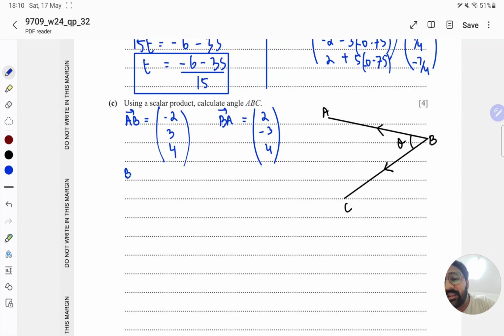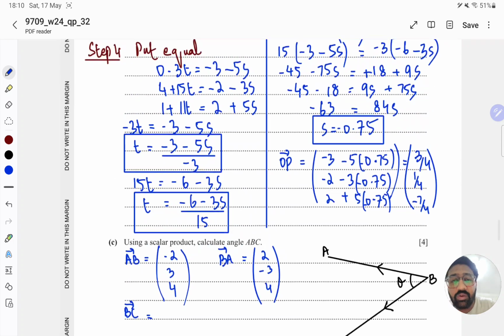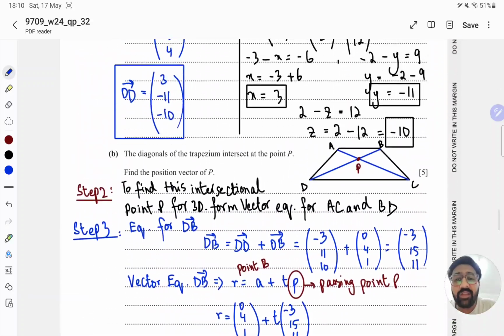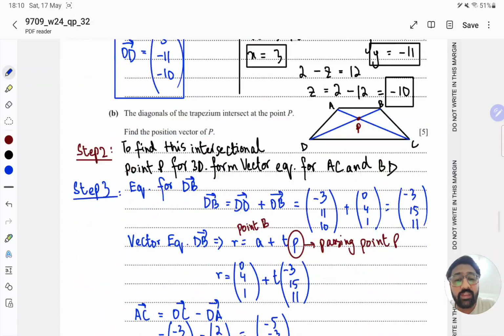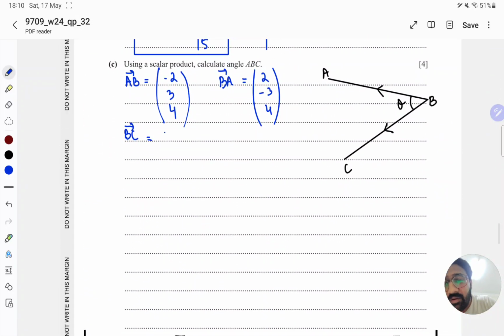Similarly, the other vector is BC. I think we don't have BC, but we have OB and OC. We can find out BC, OC minus OB.